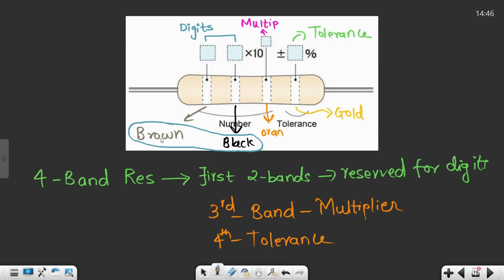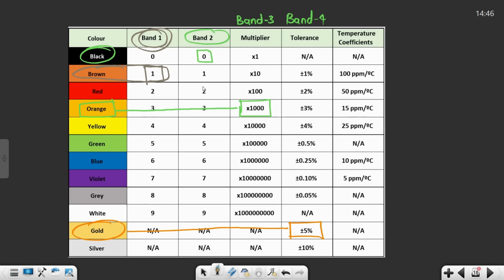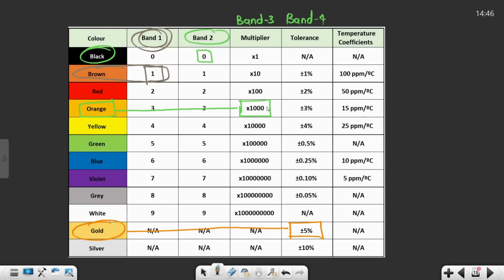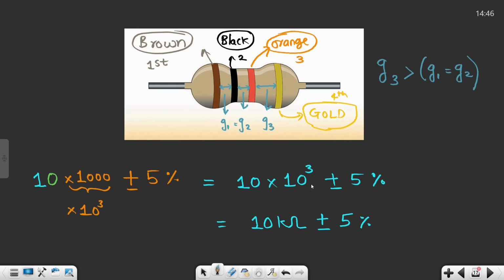So first is brown, so I'll write over here 1. Then next is black, so I'm going to write 0, right? Then we need to write a multiplication sign and 10 raised to whatever that value is. The next color was orange, so if you want, you can refer to this table as well: multiplication sign and then 10 raised to 3, which I explained over here, right?